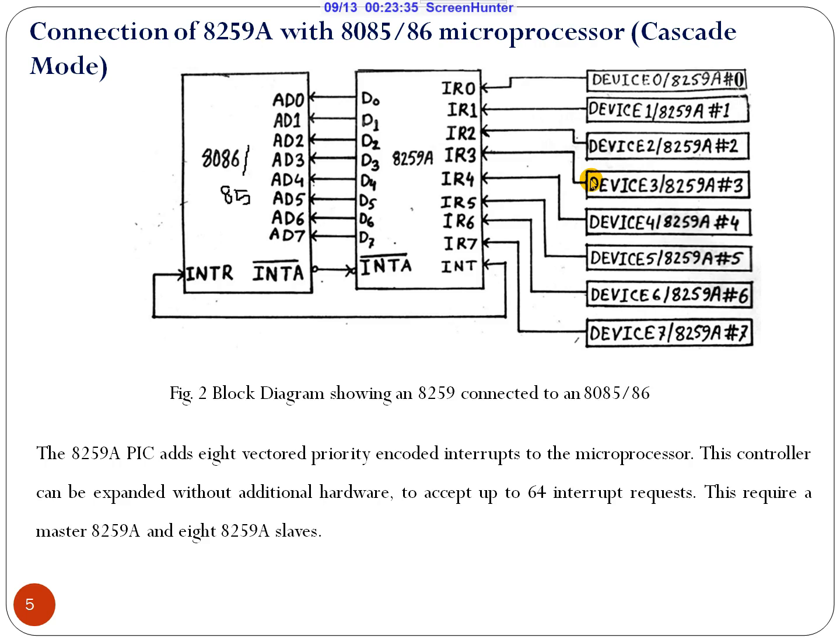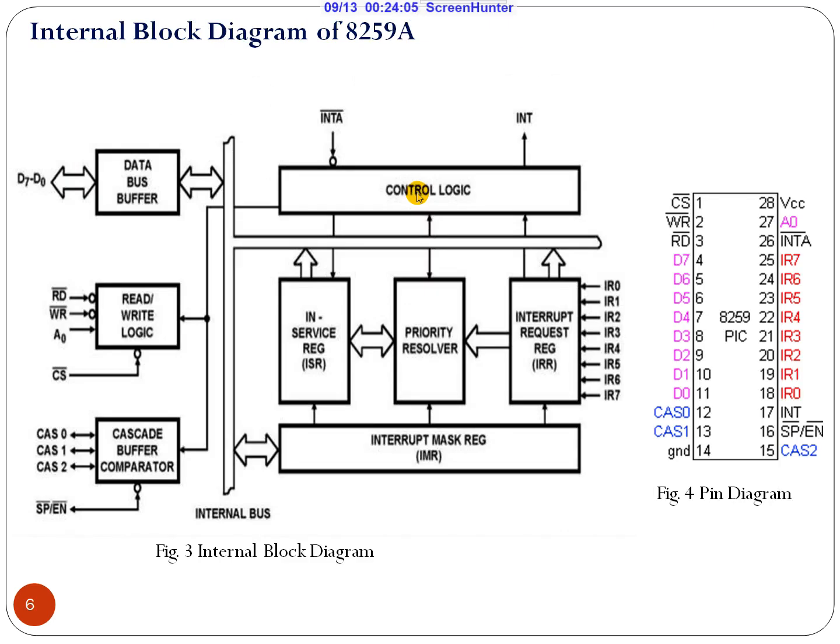In the cascaded mode, each 8259 may be treated as a slave, and one of the 8259s is treated as the master. The microprocessor is connected to the master, and the slaves are instructed by the master. These instructions and other configurations make the 8259 work in a master-slave configuration. This kind of configuration is called the cascade mode configuration.